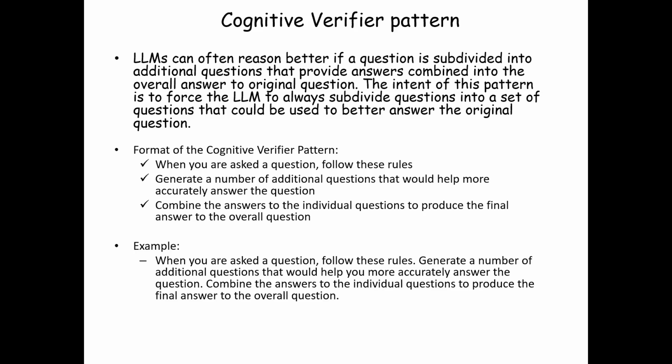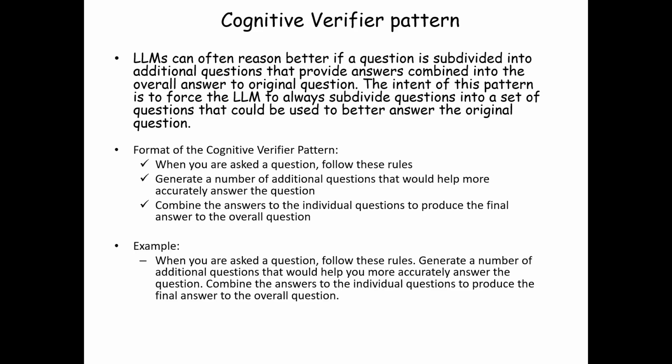The large language model, that is the model ChatGPT adopted, often reasons better if a question is subdivided into additional questions whose answers are combined together into the answer to the original question.